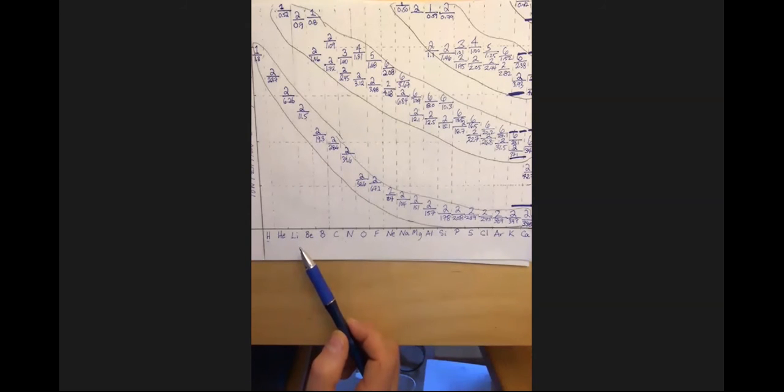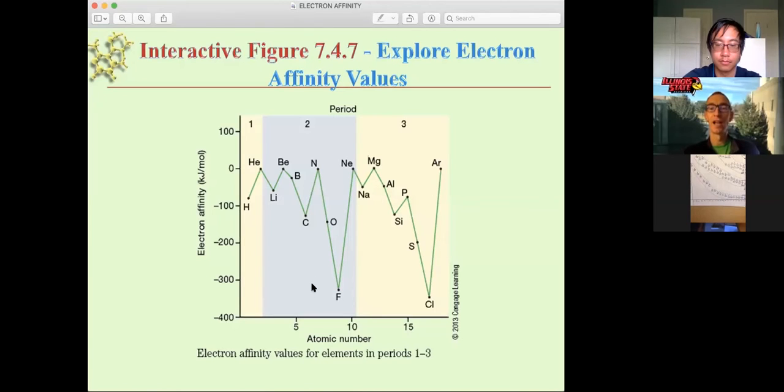Okay? So if we go back to the chart, here we see elements on the right-hand side of the periodic table. They only need 1 more electron to fill up their orbitals. We can see that elements on the left-hand side of the periodic table have unfavorable electron affinity values.